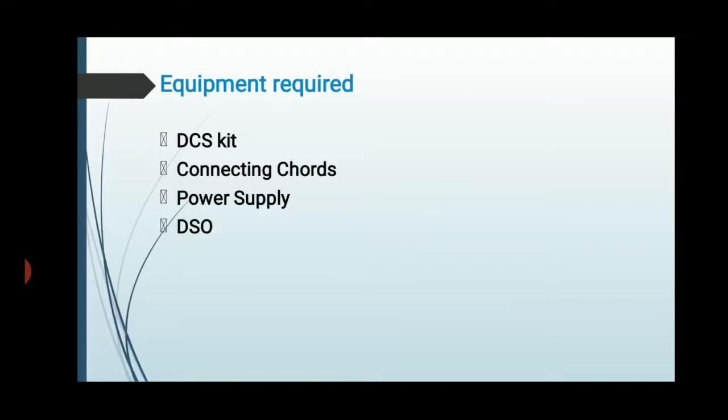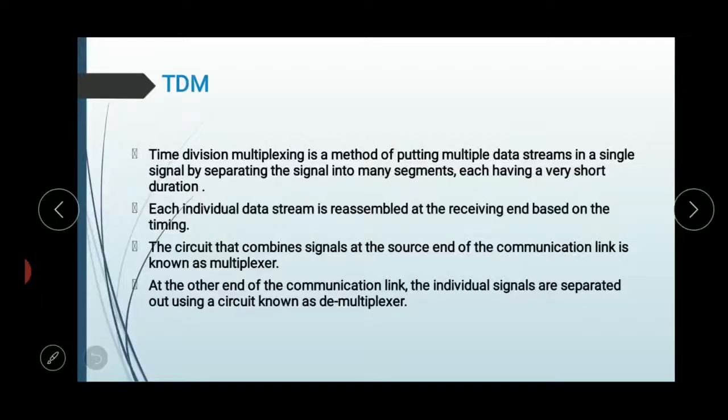First we discuss the theory part of this experiment. So first, what is multiplexing? Multiplexing is a technique in which multiple data signals can be transmitted over a single communication channel.